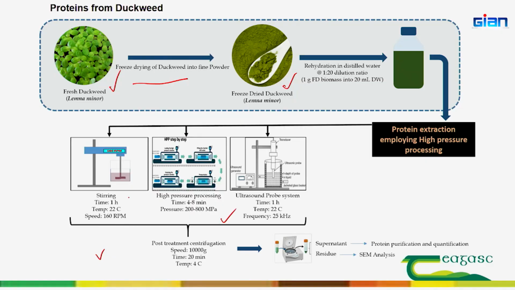Then you have different technologies: normal stirring, adding alkali or water to extract it, or using ultrasonic systems or high pressure. I'm just giving a brief example of how protein is extracted from duckweed first, then starch or fiber. This is the normal protocol you would have followed in your experiments.